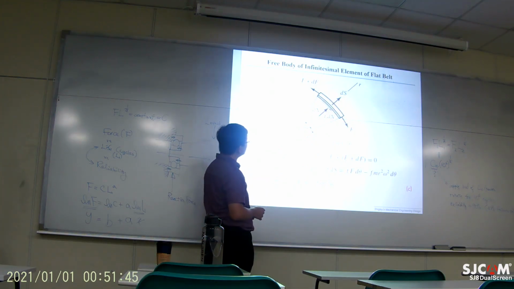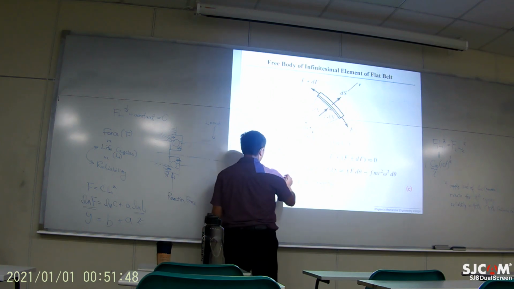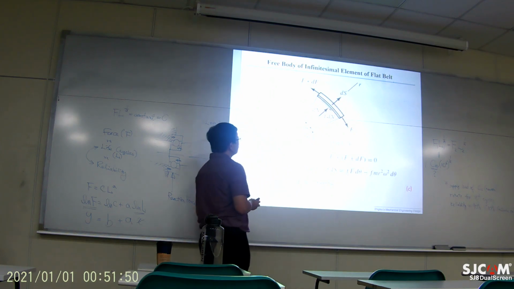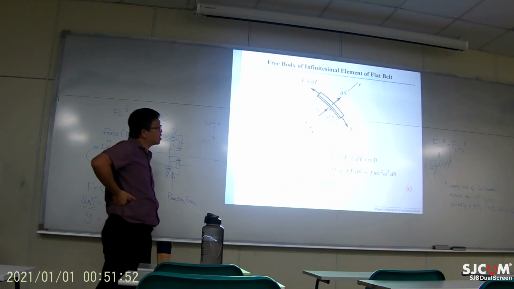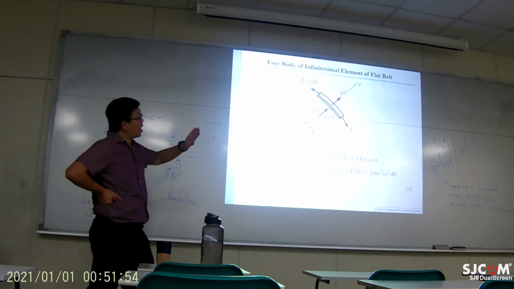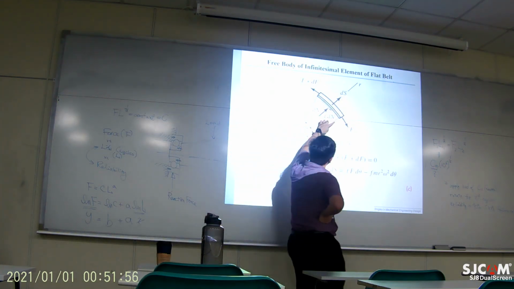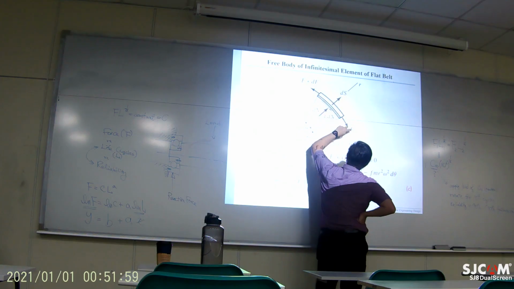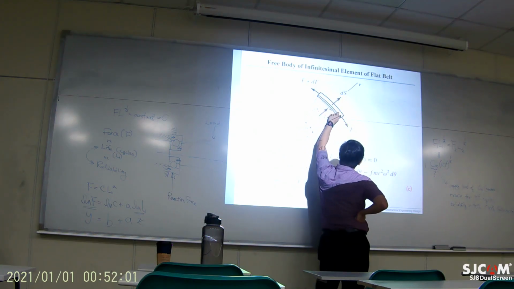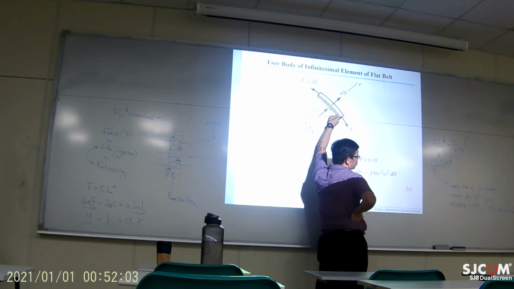F is going to be a function of theta, because from the drawing you can see that as you investigate different positions of the belt, the tension at that particular point is going to change.